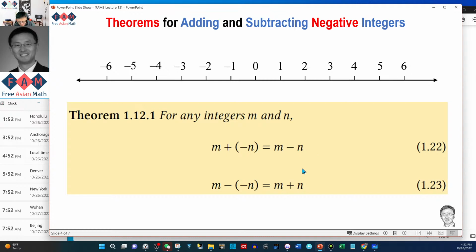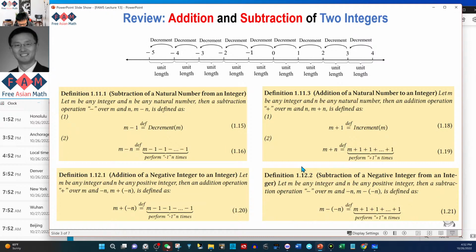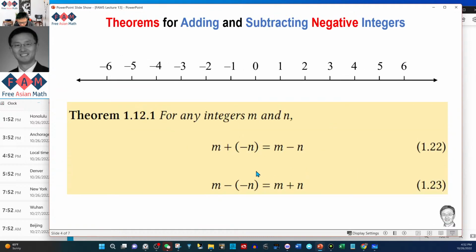What is the difference between this and our definition earlier? We want this theorem to be as inclusive and general as possible. So we don't know the sign of either m or n. You cannot just assume n is positive because it's written this way.